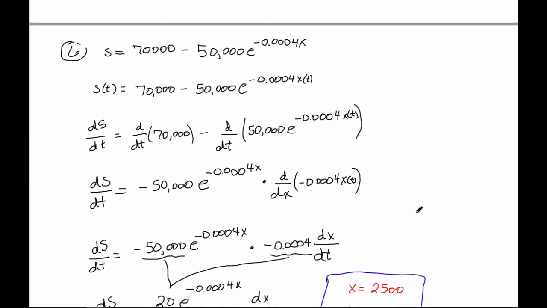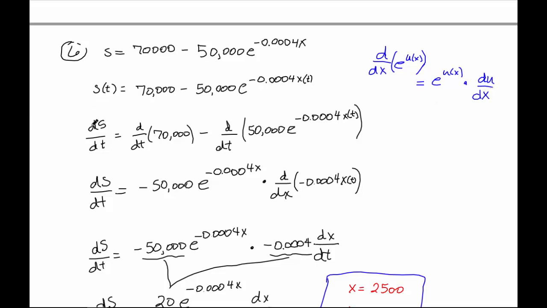They were giving us something about sales. Okay, so writing it in terms of time. It depends upon time, and so does the x that's up in the exponent of e. So remember what we had previously. If we have the derivative of e raised to a function, it's going to be e to that function multiplied by the derivative of that function.